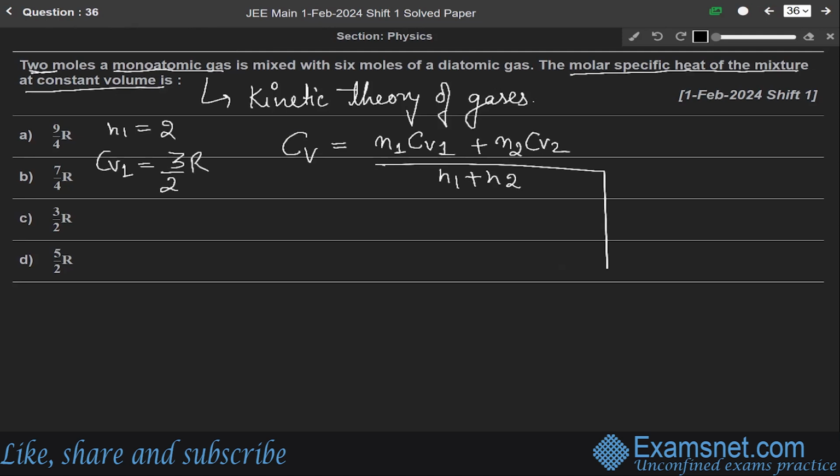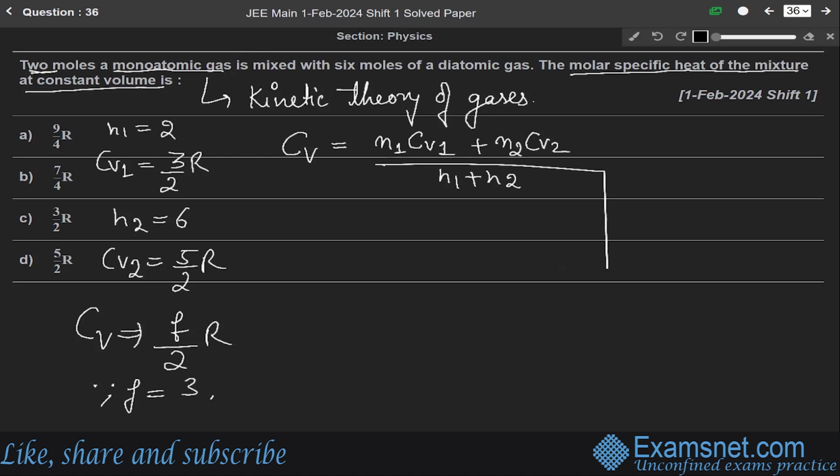Okay, and for diatomic gas N2 is given as 6 and CV2 will be equal to 5 by 2 R, since the CV formula is f by 2 into R, and for monoatomic f equals 3, for diatomic f equals 5, and for triatomic f equals 6.